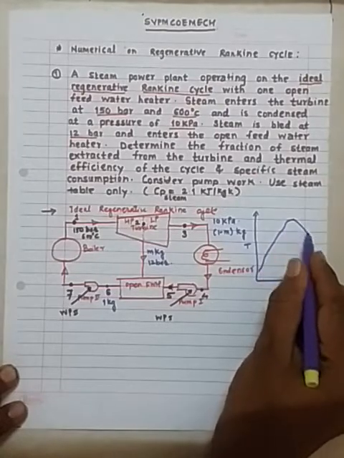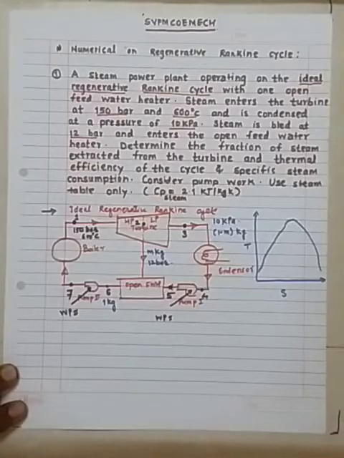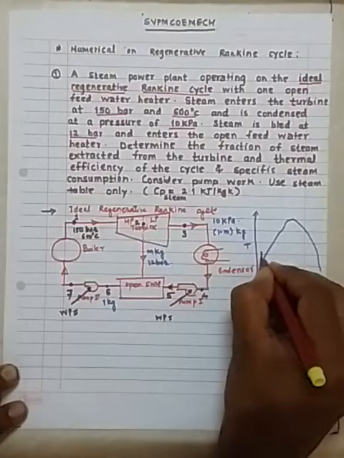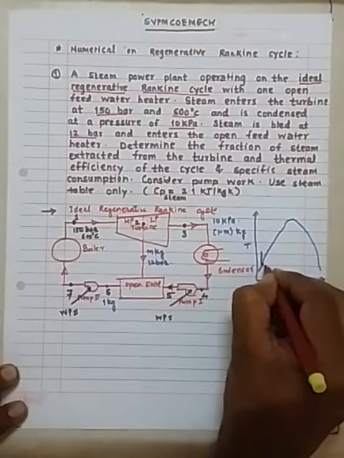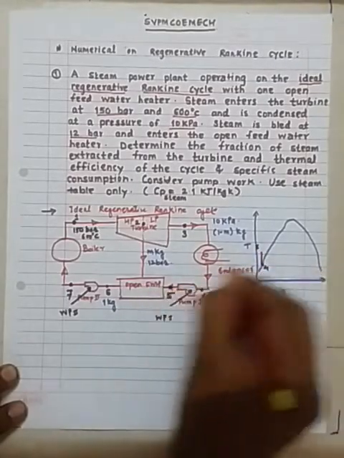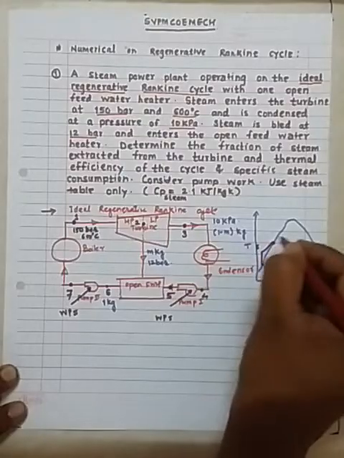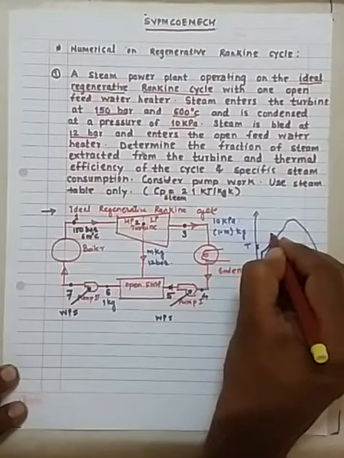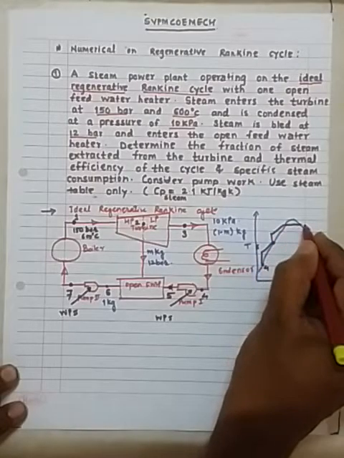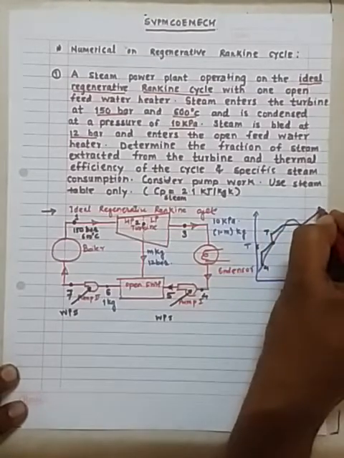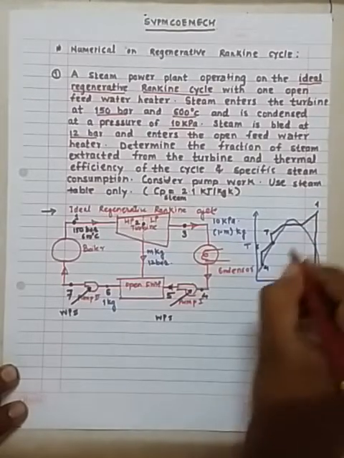Again I am considering this as a dome region, very short small space is available for drawing the diagram, but you can understand this is the process 4 to 5, this pump 1, then this is the feed water heater, 5 to 6, again pumping is there, again feed water heating, and this is the constant pressure heat addition inside the boiler, 7 to 1, and then there is expansion.